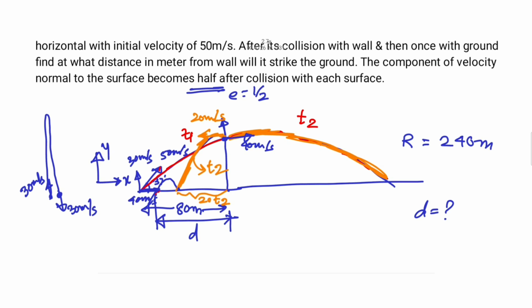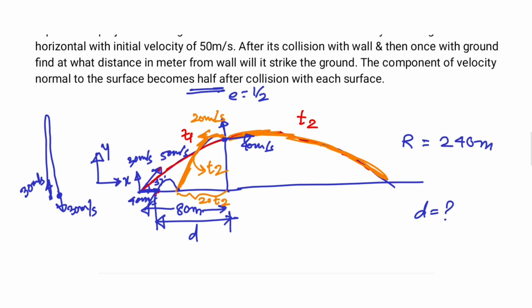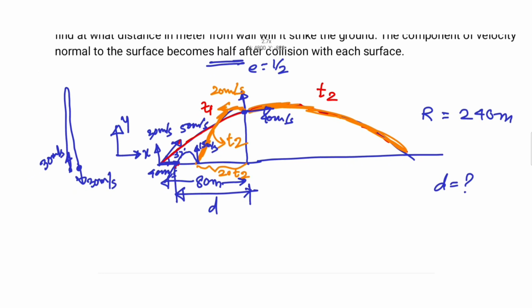Now the coefficient of restitution is half, that is, the velocity is becoming half. So after rebounding, the velocity will be 15 meter per second. The velocity along the x direction is unchanged.